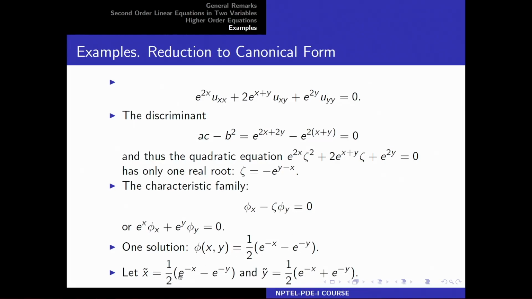I am taking that one, and this is a different choice, again for convenience. In this form we can easily express x and y in terms of x tilde and y tilde. If you choose any other y tilde, it may not be that easy. So, this is again for convenience, and we just have to see the situation and choose this second variable.